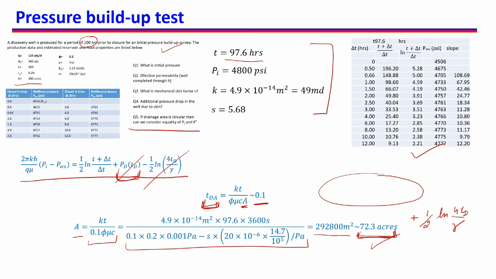So that means we are in transient state before shut-in, and we have cancelled these out. And now again, if we use PWS and ln of t plus delta t, we can again get the same. This is ln of t plus delta t divided by delta t.